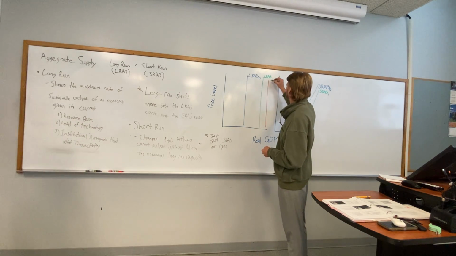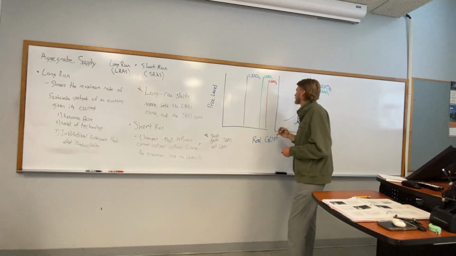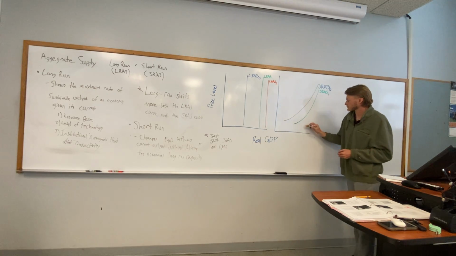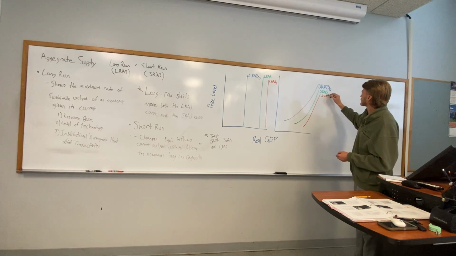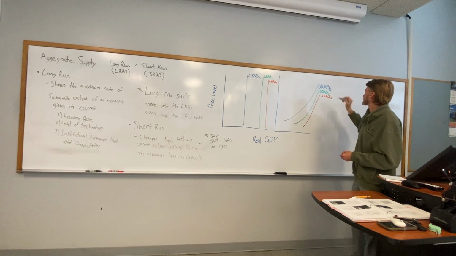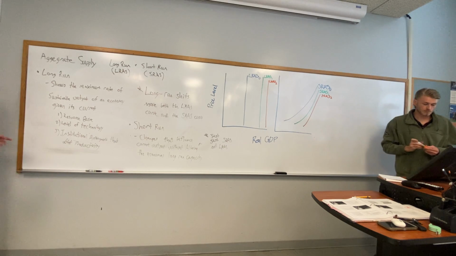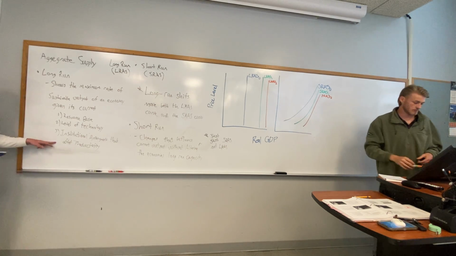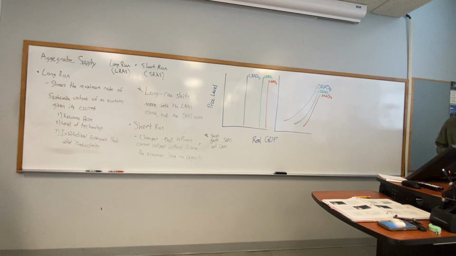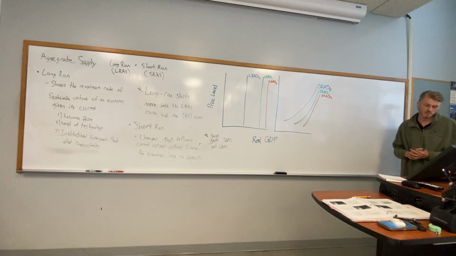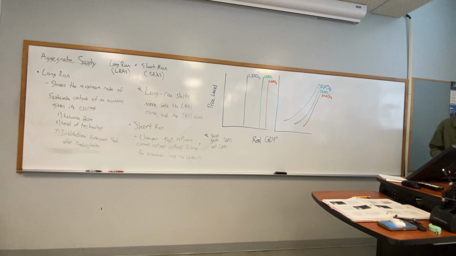When a technological advancement comes along and increases our capacity and we're able to earn more real GDP, that long run aggregate supply is going to shift to the right. And same with institutional arrangements that affect productivity. These are different policies that the government can institute in a country. And these policies can either expand your long run aggregate supply or decrease it.